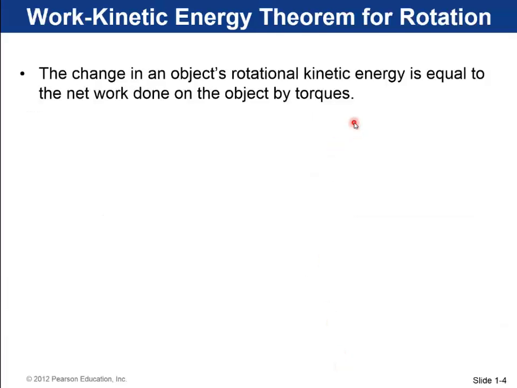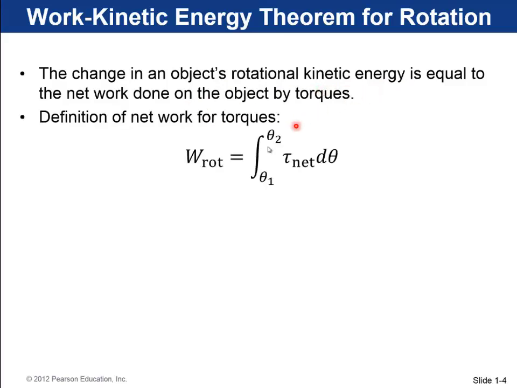The work-kinetic energy theorem for rotation says that the change in an object's rotational kinetic energy is equal to the net work done on the object by the torques acting on it. By net work, I mean the integral of the net torque d theta over some angular range, theta 1 to theta 2.